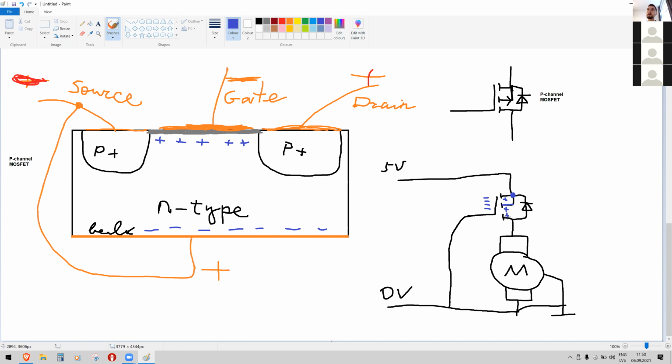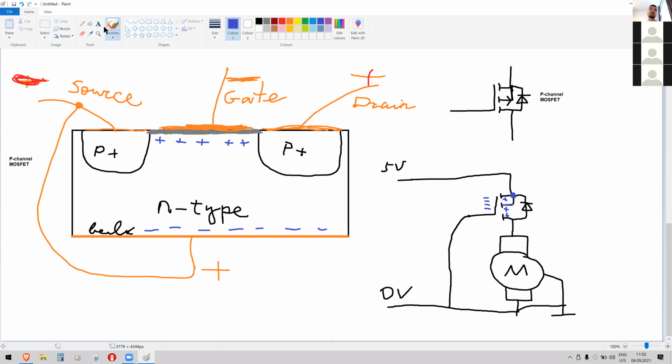And this is the reason why you don't need -5 volts to open this transistor, because this bulk, this material, is already connected internally to 5 volts, and you just set it lower than 5, and it will be relatively positive while this gate is relatively negative. So the channel is formed and it starts to conduct electricity.